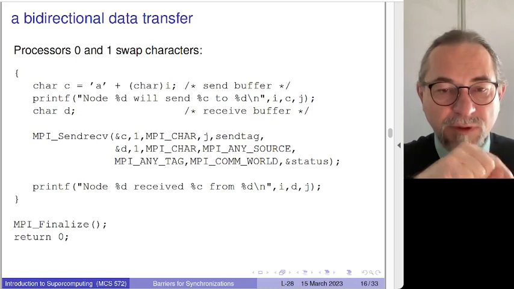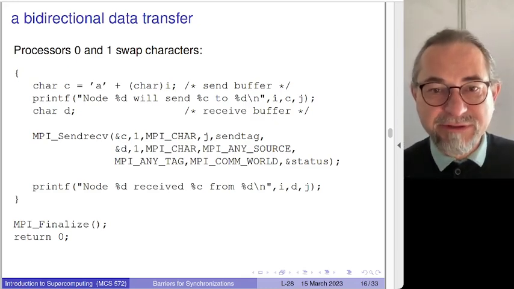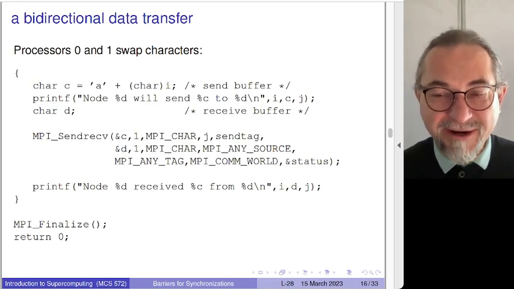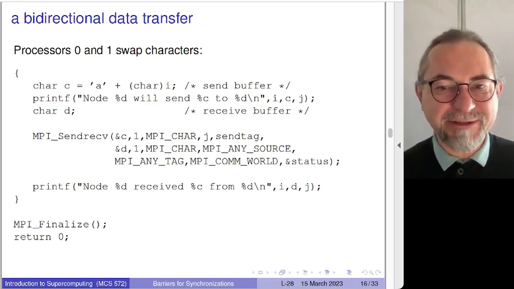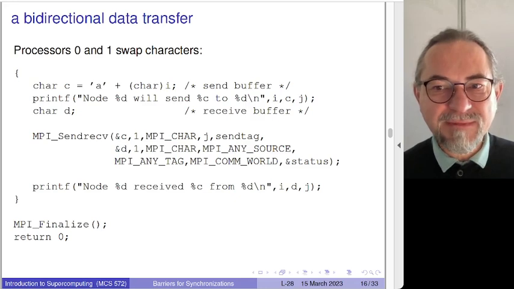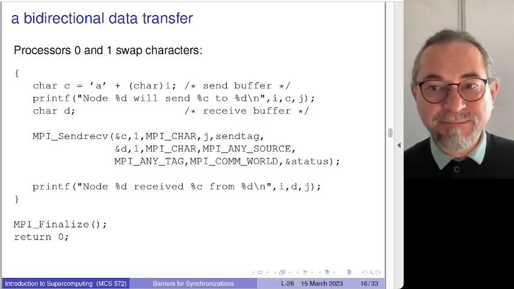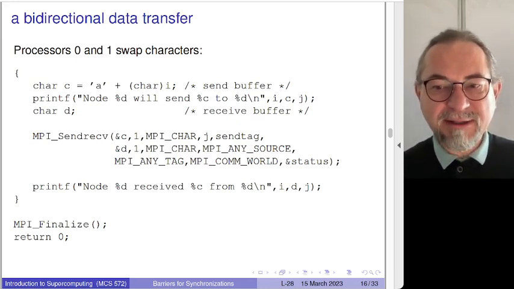So processor I sends to processor J, processor I receives from processor J. So this program is executed by two processes, and there is the symmetry between the I and the J.